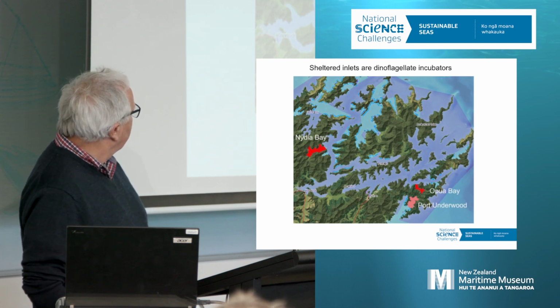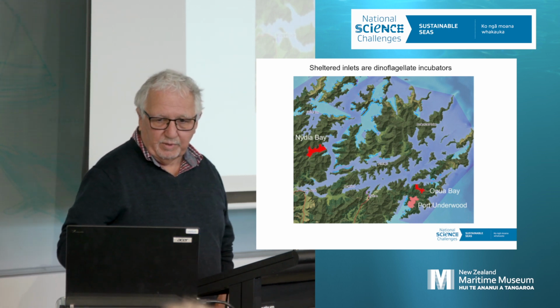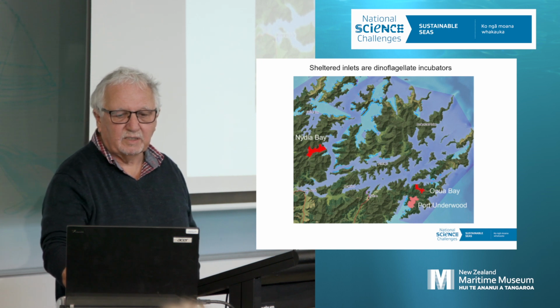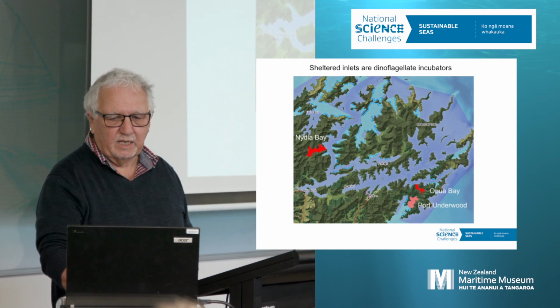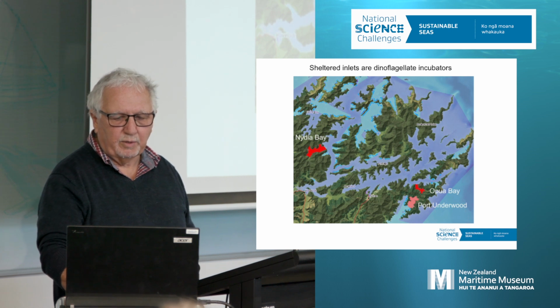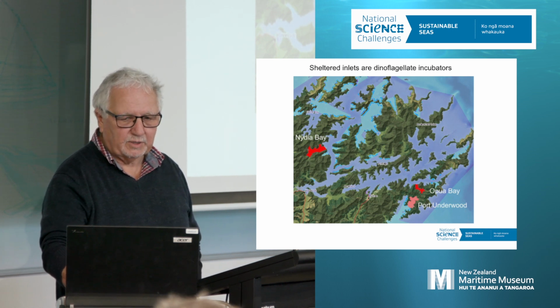There are a number of areas where we know that the blooms originate. One is in Nydia Bay in Pelorus Sound. There's another inlet in Queen Charlotte Sound, the Onapua Inlet, and another area in Port Underwood. All these are mussel growing areas.